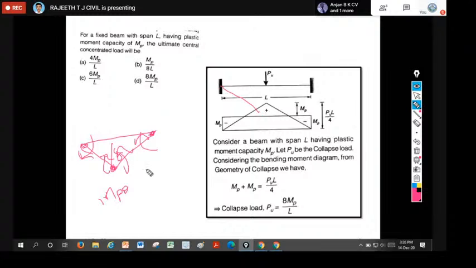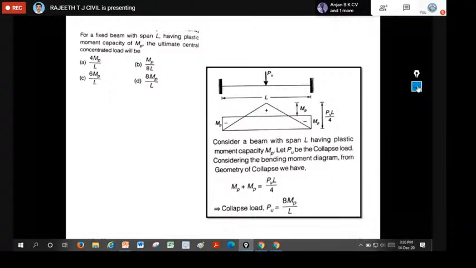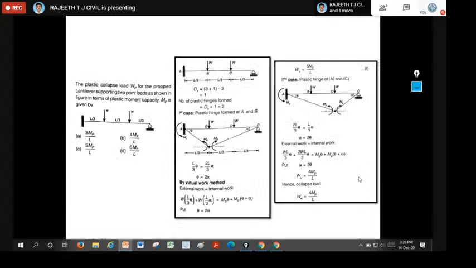Then you calculate the external work done, that is P into delta, which is L by 2. If you equate those two by the principle of virtual work, finally you get 8 MP by L. So you need to remember the collapse load values for both: propped cantilever 6 MP by L and fixed beam 8 MP by L.